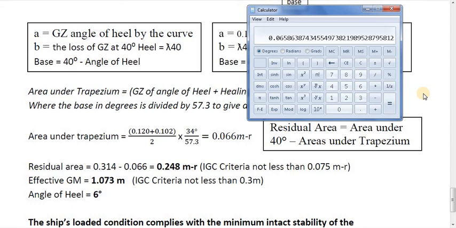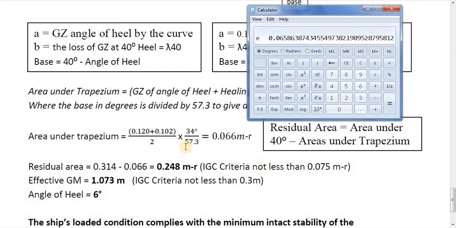So the answer is 0.0658, or in 3 decimal places, 0.066 meter radian. So there you have it, guys. We will add this to memory.